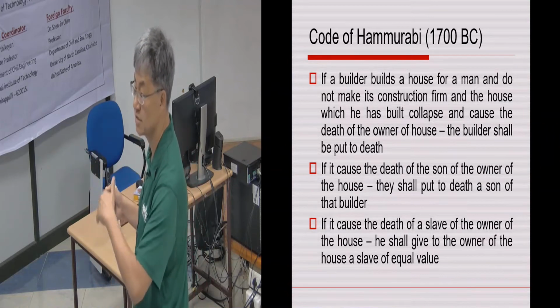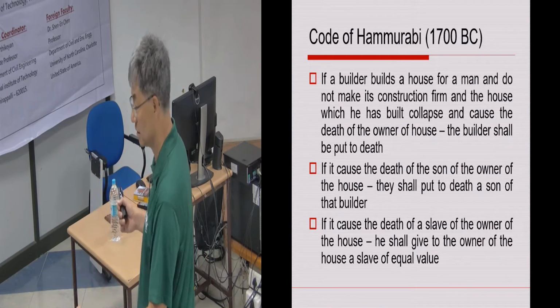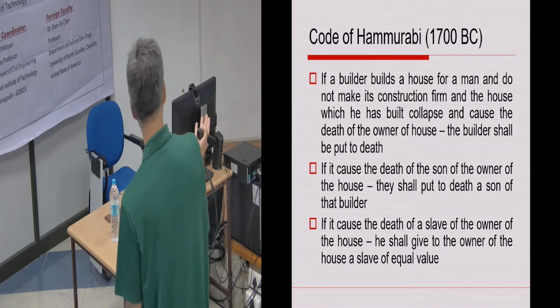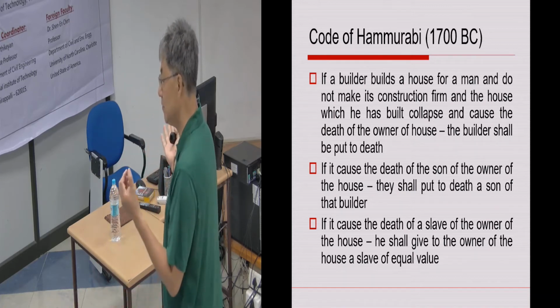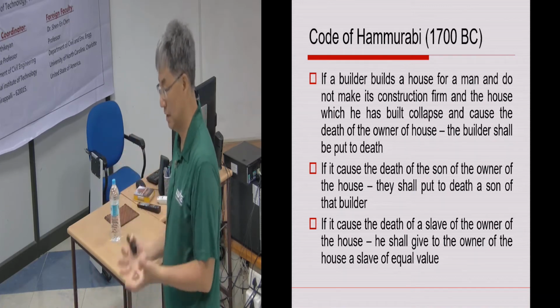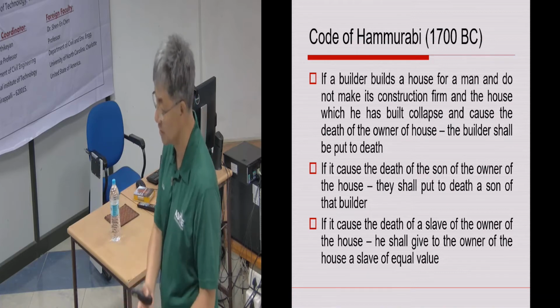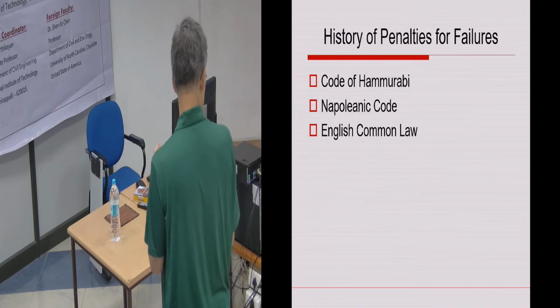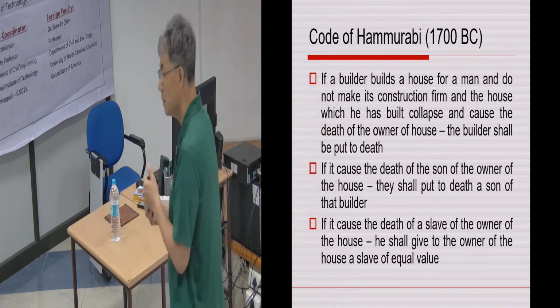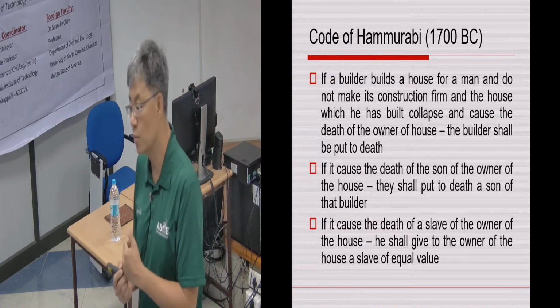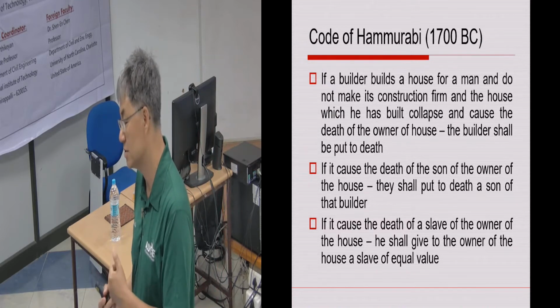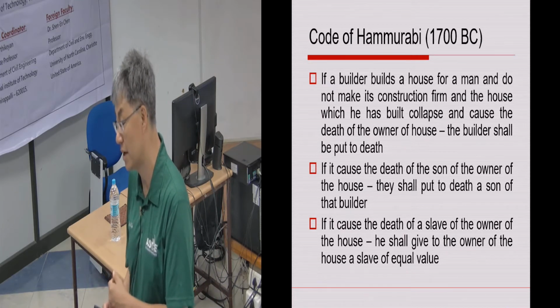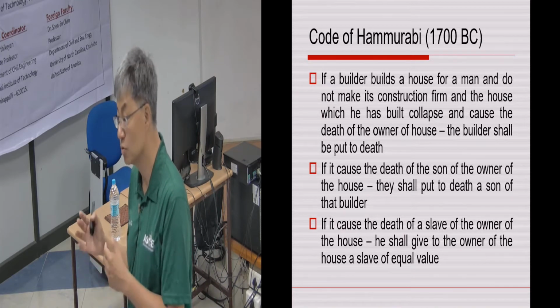This goes back to 1700 BC. The law says that if you build a house and the house collapses and kills somebody, you ought to be killed. It is a very rigid, very stringent law, but it comes from a time when most engineering or construction practices were by experience and not by true knowledge.